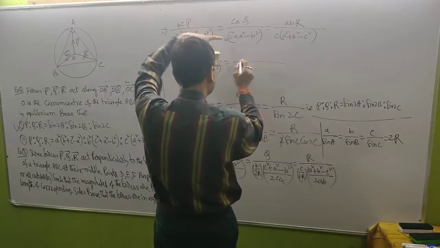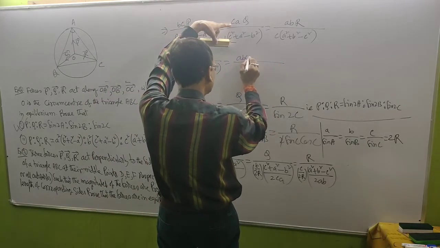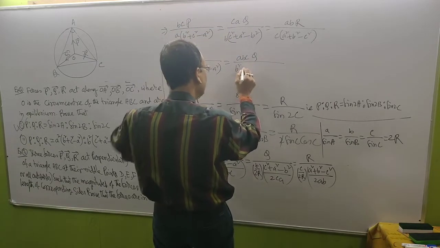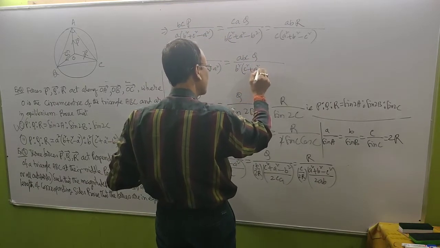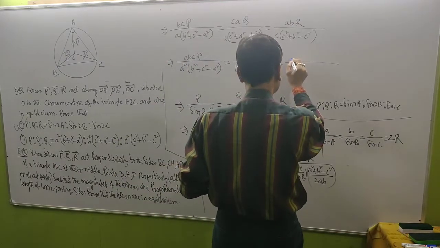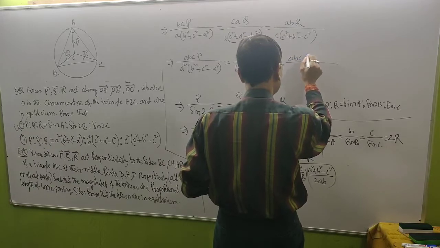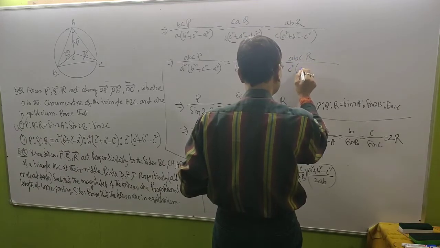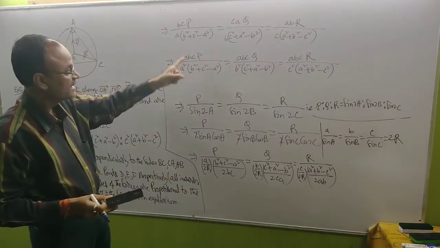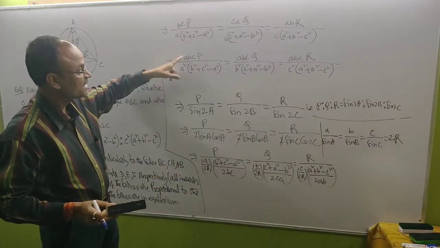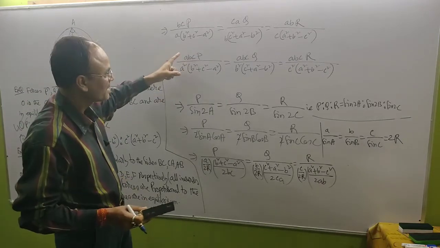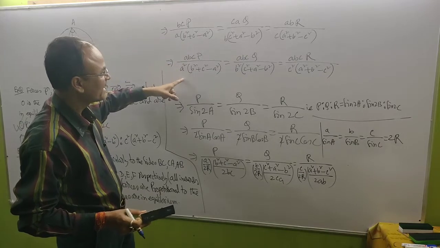This is equal to, multiply numerator and denominator by b. You will get this b square, c square plus a square minus b square. This is equal to, multiply numerator and denominator by c. You will get this one. Here multiply numerator and denominator by a.